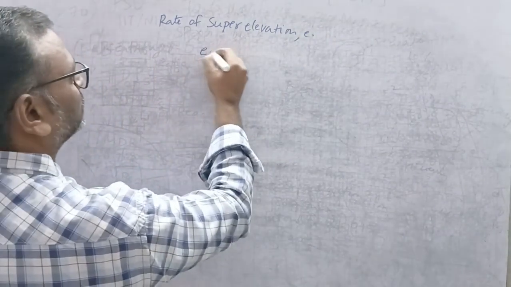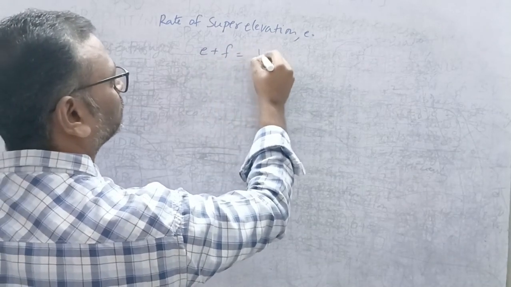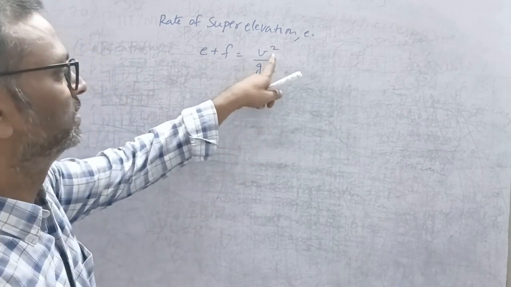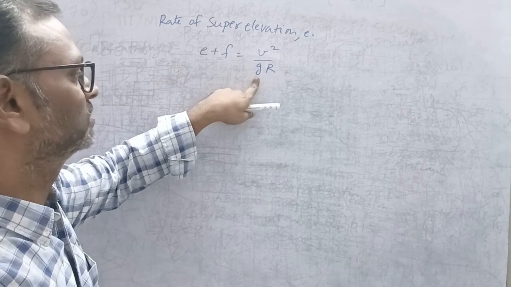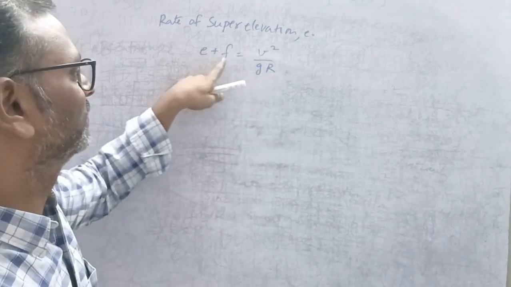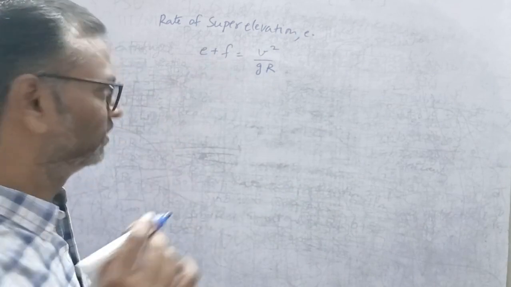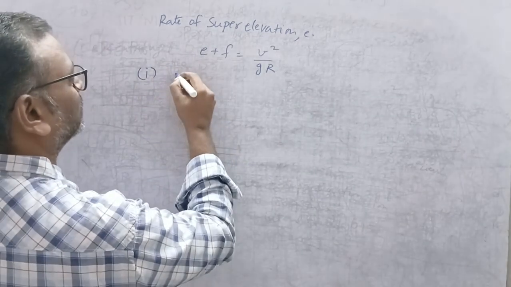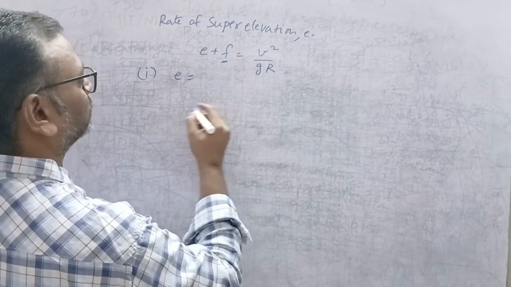So we have this equation, where V is the design speed of the road, g is acceleration due to gravity, R is the radius of the horizontal curve, e is the rate of super elevation and f is friction. First, we will adopt that there is no friction.